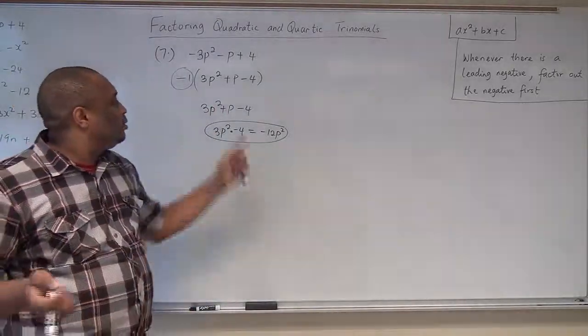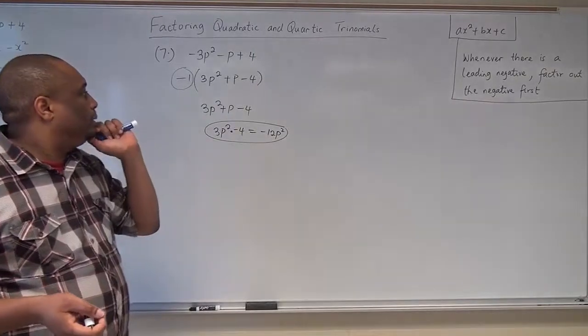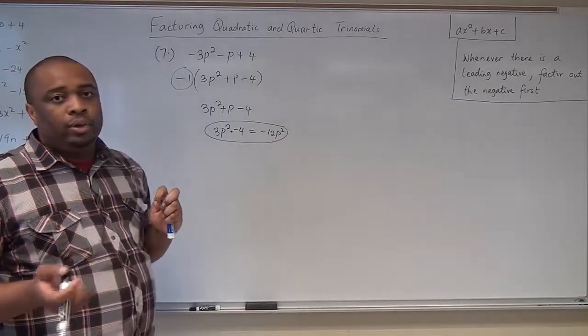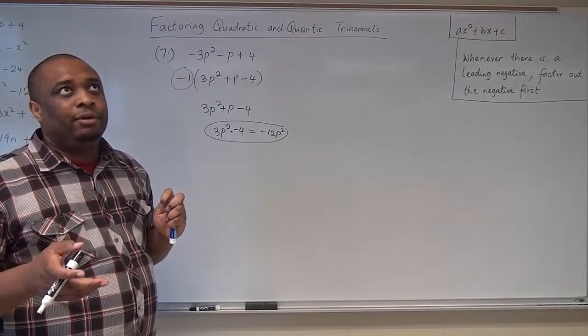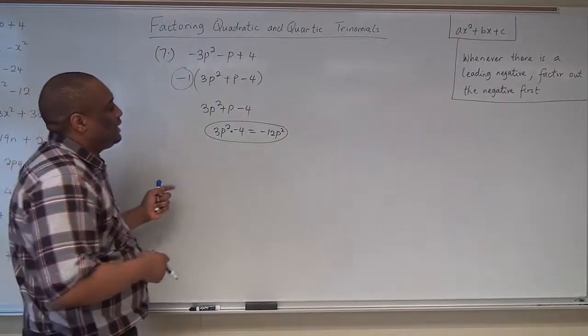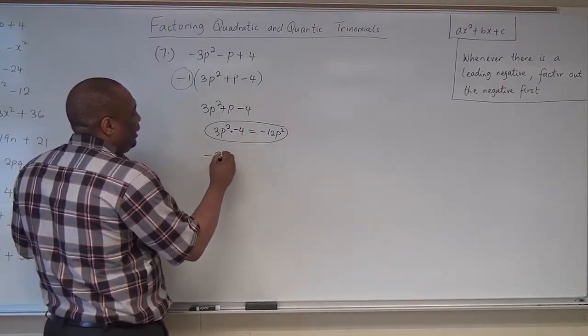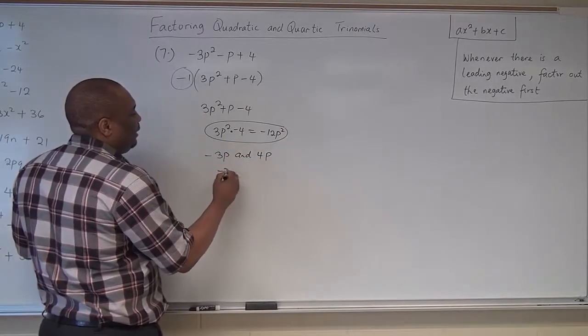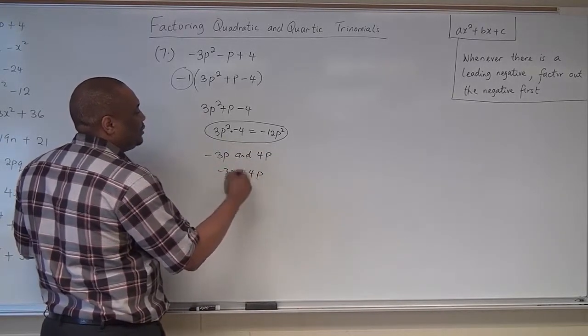Negative 2 and 6 will not work. 3 and negative 4 will not work. Negative 3 and 4 will work. So in this case, we have negative 3p plus 4p.